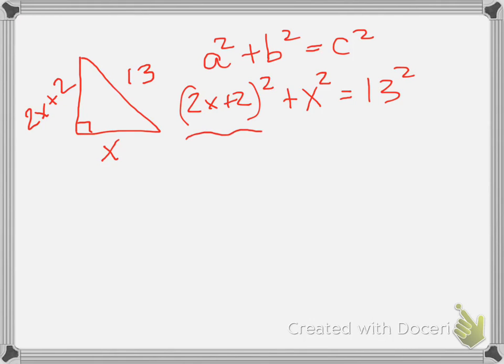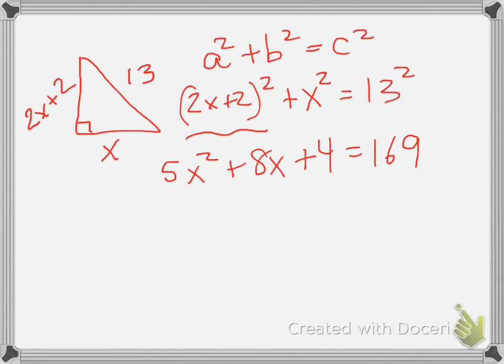This part right here I'm going to have to FOIL, and you can look at the answer key to see all the steps. If I FOILed and simplified, I get 5x squared plus 8x plus 4 equals 169.